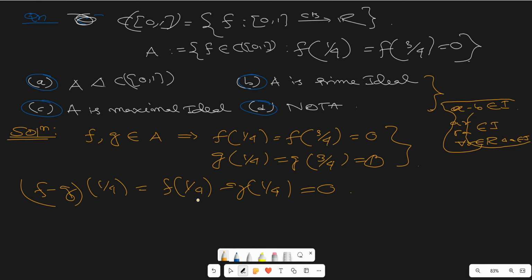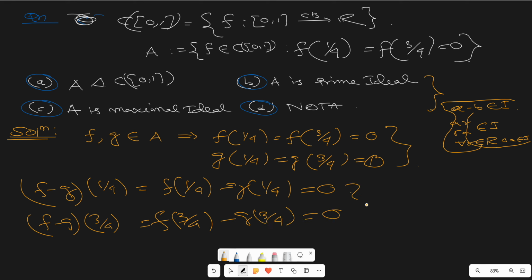This is 0, of course, because this is 0 and this is 0. Similarly, (f minus g) at 3/4 is f(3/4) minus g(3/4), and this is 0. So the first condition is satisfied.